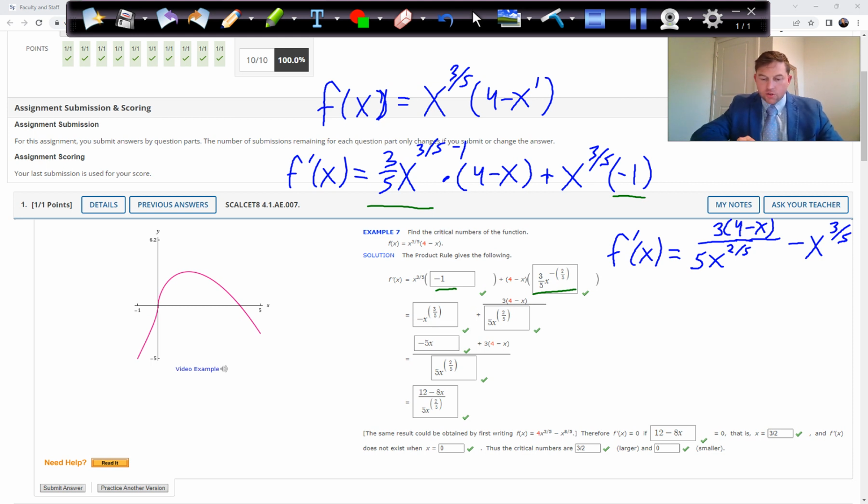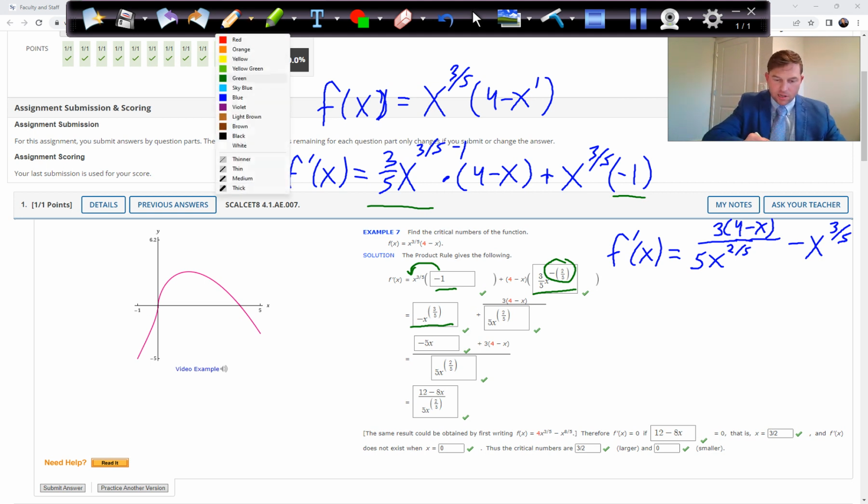So notice 3/5 minus 1 will be minus 2/5. Then they're going to distribute this minus 1 and just write this again. And they're going to rewrite this as I've started to. So they have 3 times 4 minus x on top and 5x to the 2/5 on bottom plus the negative x to the 3/5 over here. Okay, now they're going to make a common denominator of 5x to the 2/5.